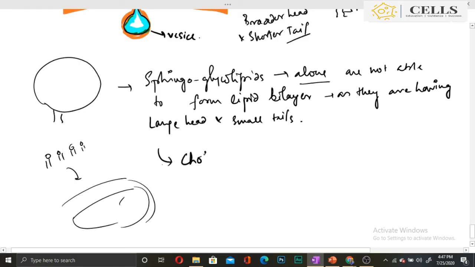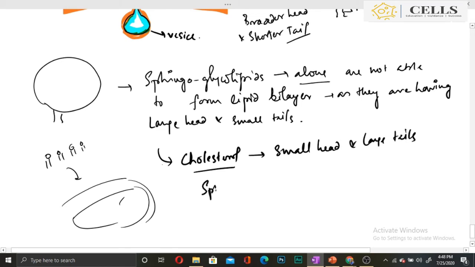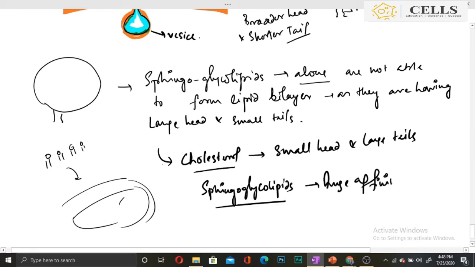Now comes the concept of cholesterol. Cholesterol have small head and larger tails, and these sphingoglycolipids have a huge affinity for cholesterol. Why?